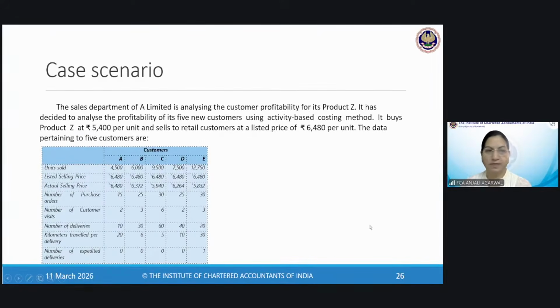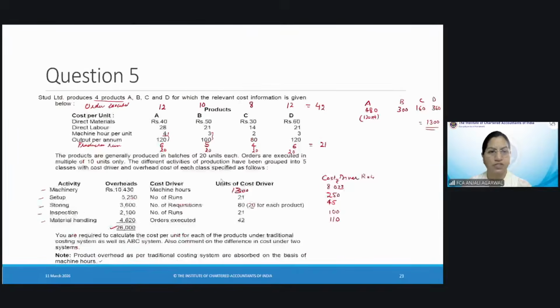Last, I have taken a case scenario. Sales department is analyzing the customer profitability for its product. Inspection is not fully allocated, 2100 against 3100. Inspection, 2100, and total number of times 21.